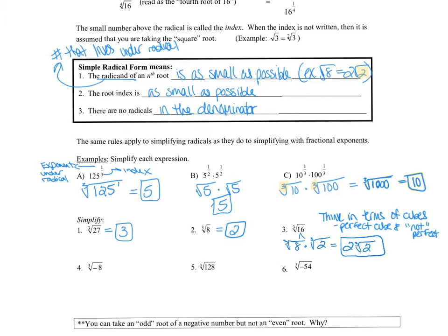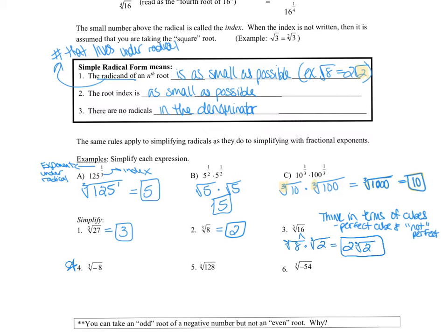Number 4. Now, this may look a little strange because up until now, we've been dealing with square roots, and if we see a negative underneath the radical, we've only said that we can't take that, right? This year we learned that it could be an imaginary number. However, this is actually a real number.